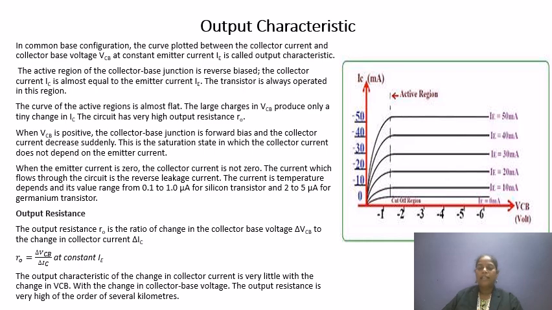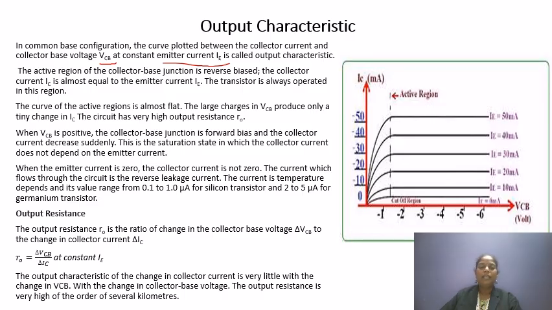Output current is taken from the collector, so collector current with respect to the collector base voltage, VCB. And with respect to the emitter, the current is already passed from the emitter. The emitter current is transferred through the transistor towards the collector. So always the input current, which is nothing but the emitter current, is constant. Emitter current is constant.